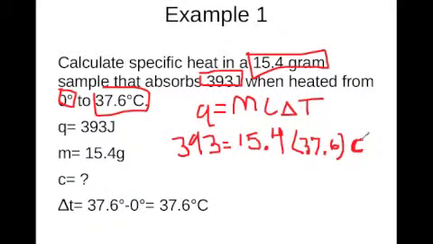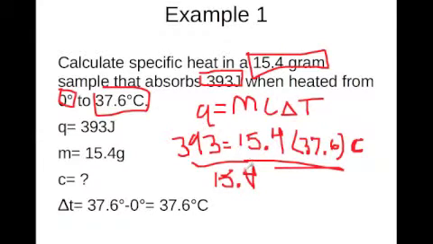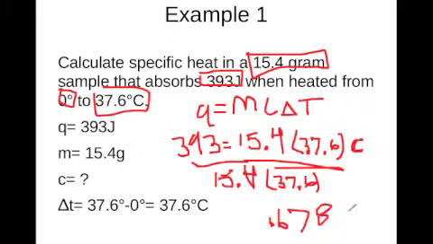So you're just going to solve that algebraically and divide both sides by 15.4 times your temperature, and then you just put that into your calculator, and you should get 0.6787 as your specific heat.